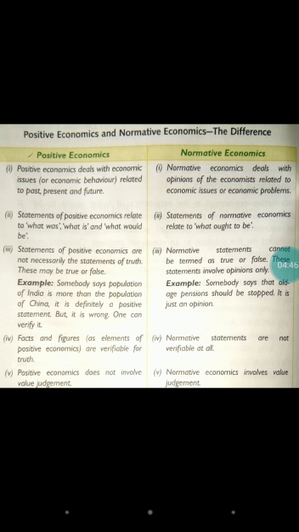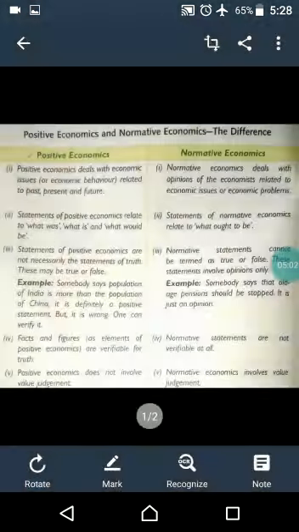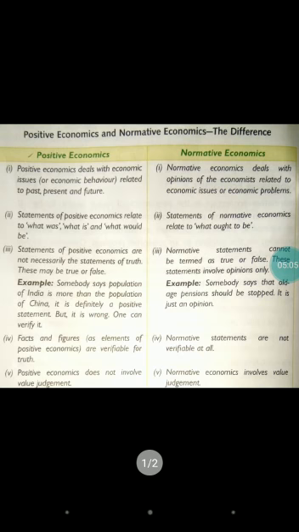Next, statements of positive economics are not necessarily statements of truth. These statements are not always true. They may be true or false.